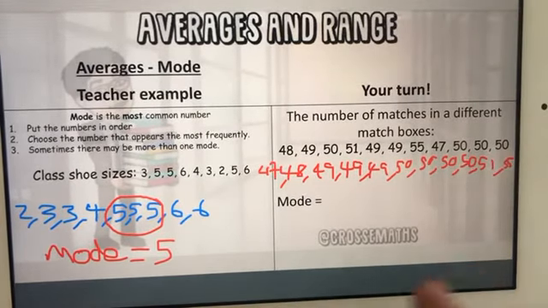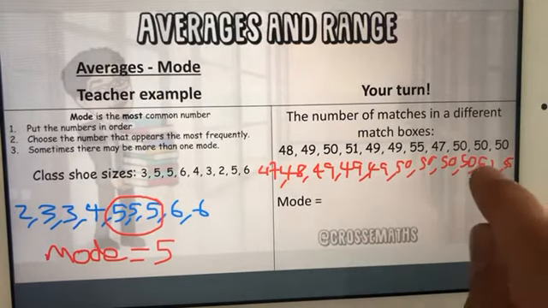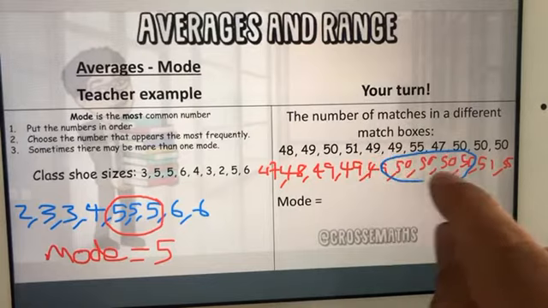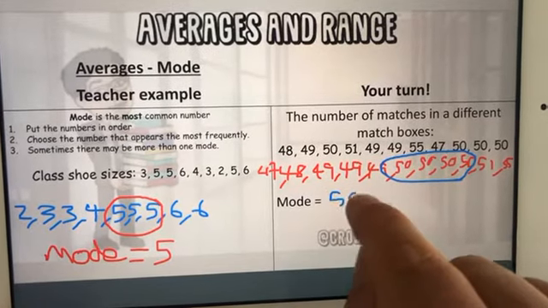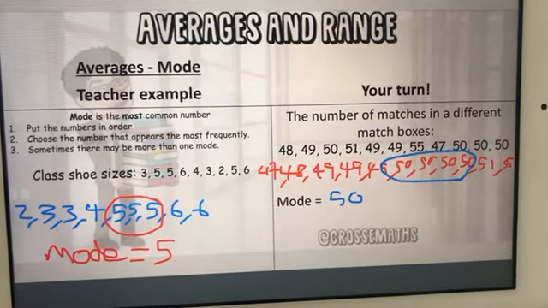Okay, I've done that for you. Now, once you're there, you need to work out which one is most popular. Looking at this list, the number that's most popular, I've got 4 50s. So my mode is going to be 50. Okay, these are really straightforward questions. Mode is quite a nice one to do.